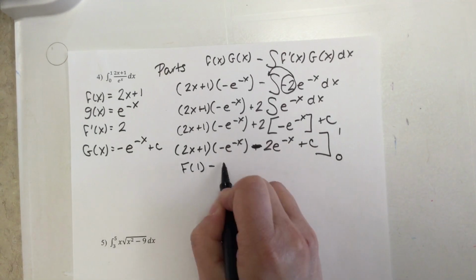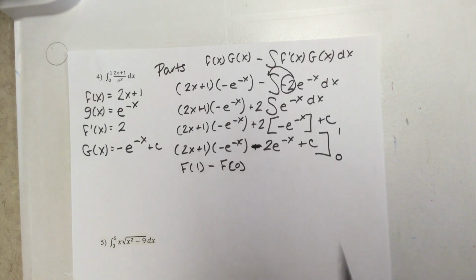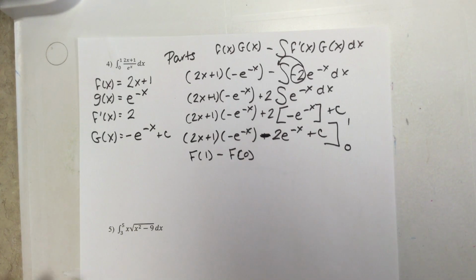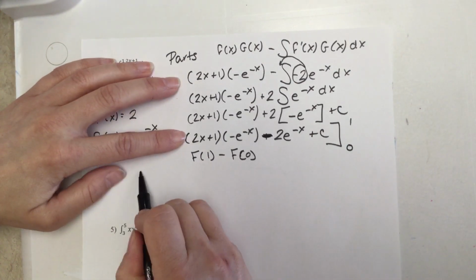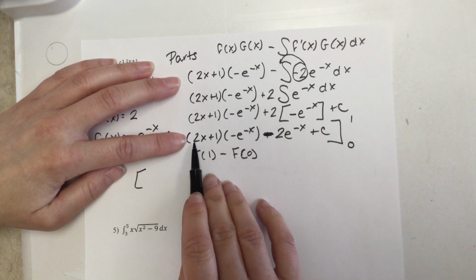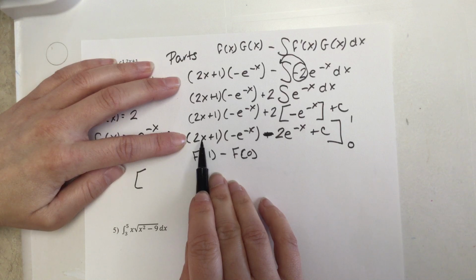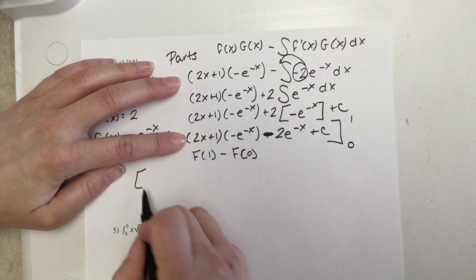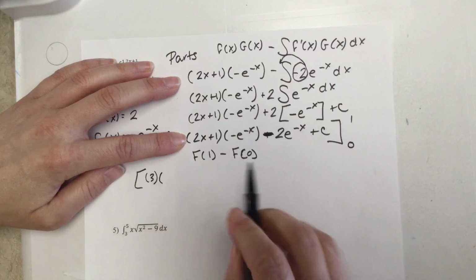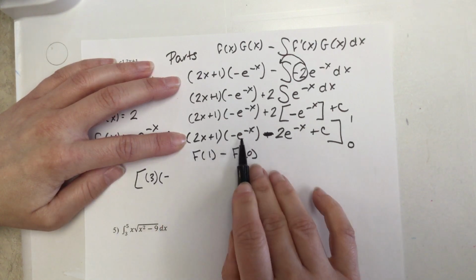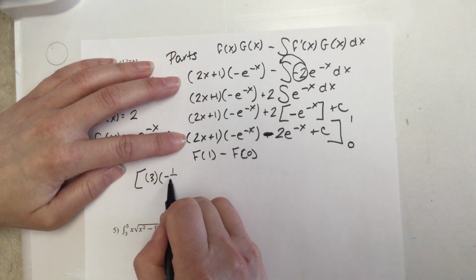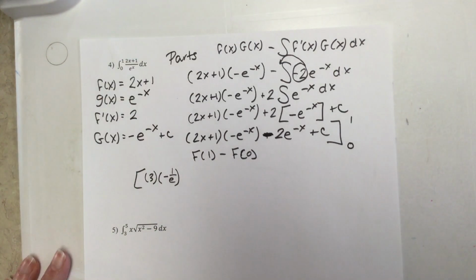So I have to fill in a 1, see what the value is, then fill in a 0. Okay, so I'm just going to go step by step on this. So if I put in a 1, 2 times 1 is 2. 2 plus 1, so this ends up being a 3. If I put in a 1 here, it's negative e to the negative first power, so I can go -1 over e.